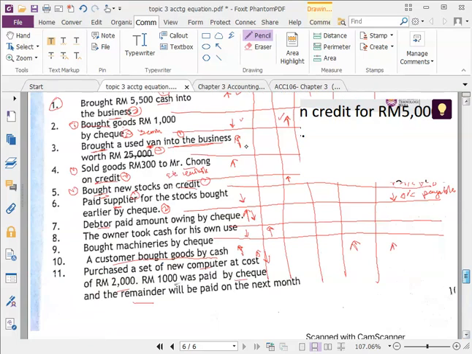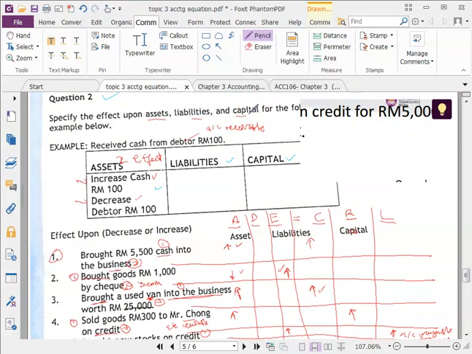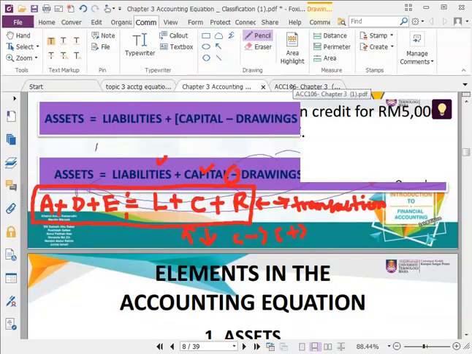Because after this, I want to, okay, let's look at chapter number 4. Okay, we already done the accounting equation and also effect of the transaction. I want to look at the chapter number 4 first.